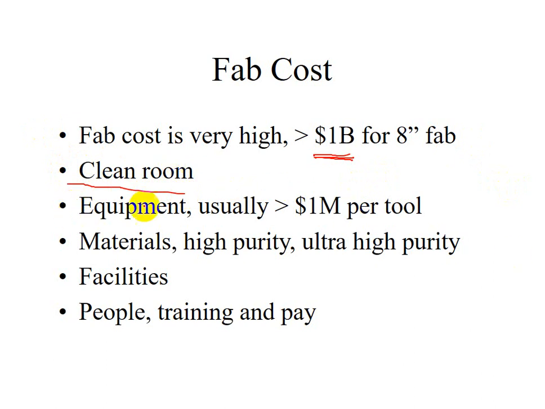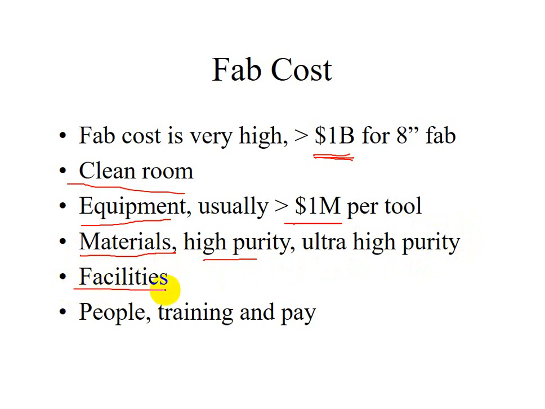And also the equipment is very high cost, normally more than $1 million per tools. All the material used in IC fabrication is very high in purity, sometimes it's ultra high purity.